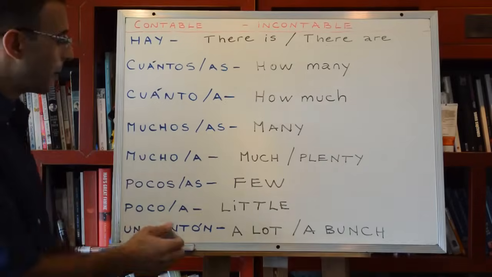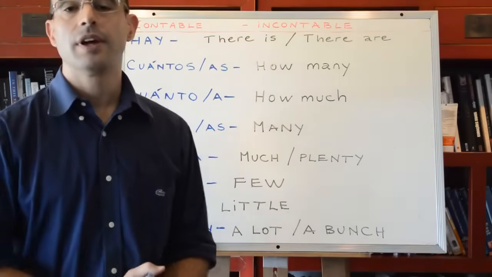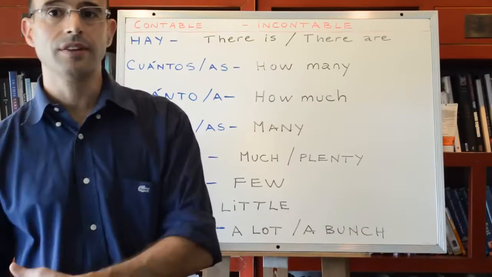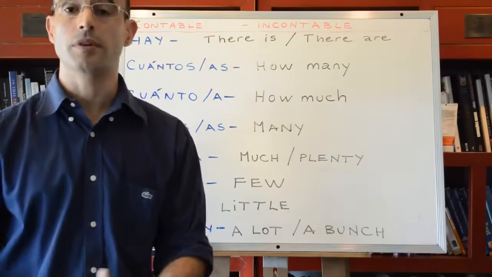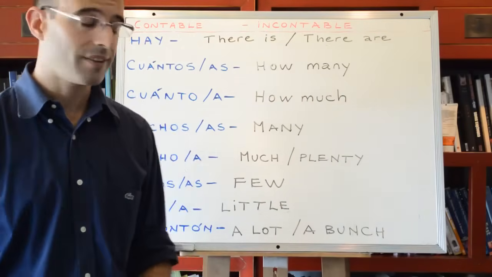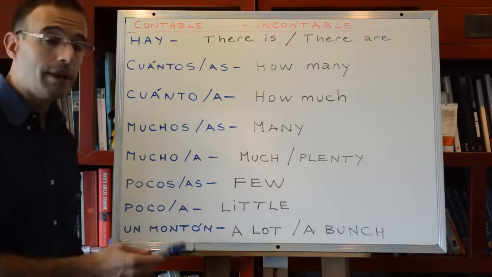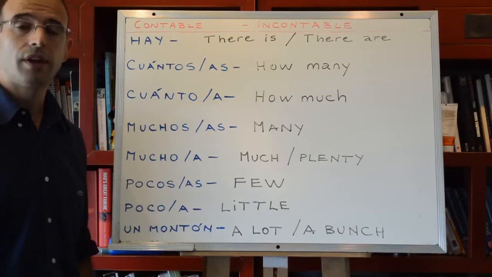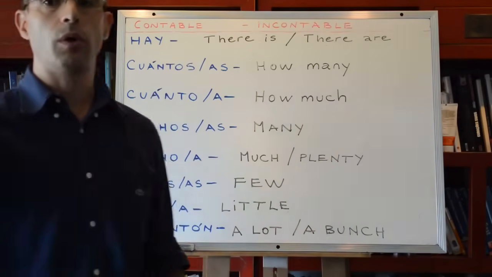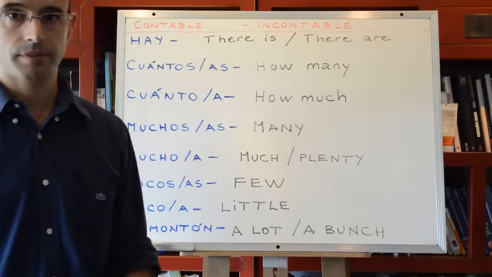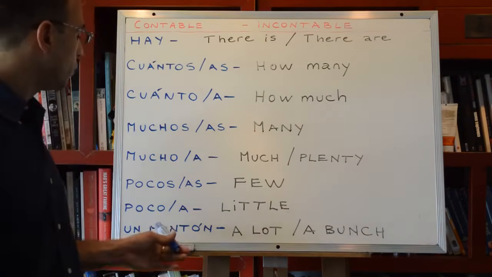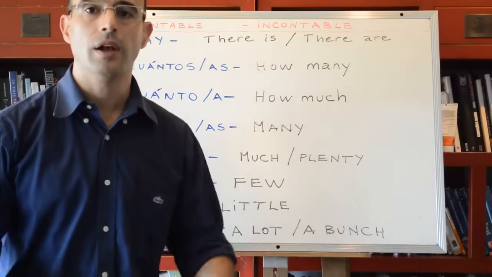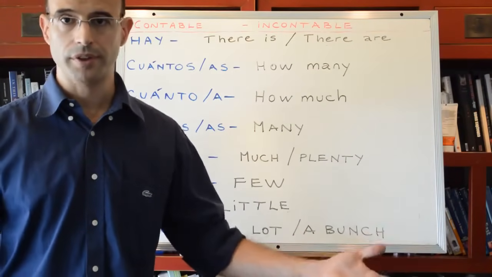And figuratively, we can use it for either things that can be counted or not. For example, I can say un montón de libros for a lot or a pile of books, right? Or I can say un montón de agua, a lot of water, right? So montón refers to a lot of something, whatever it is.